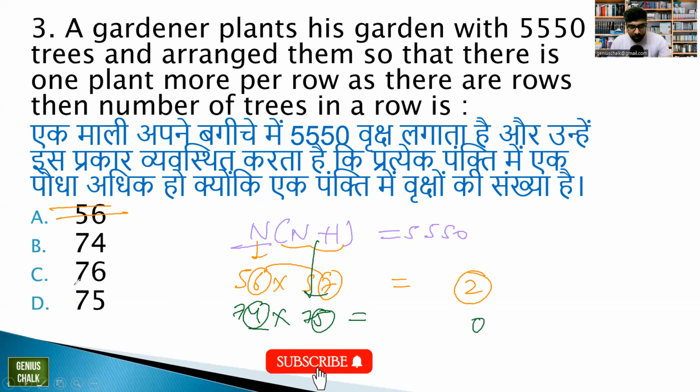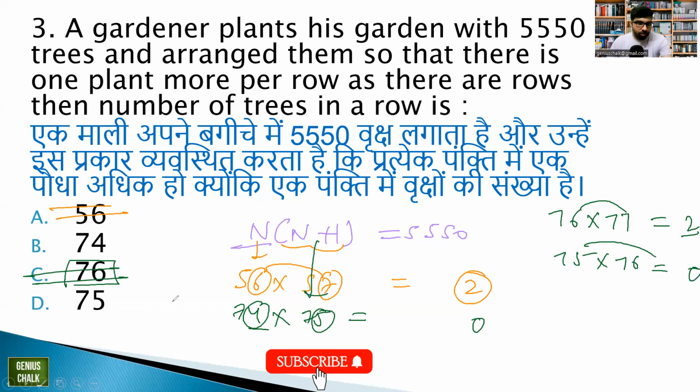If you see 76 and 77, again the same problem. 6 sevens are 42, the last digit is 2, which is not possible. That means this option is also not possible. And 75 and 76 are also possible because the last digit comes out to be 0, right?